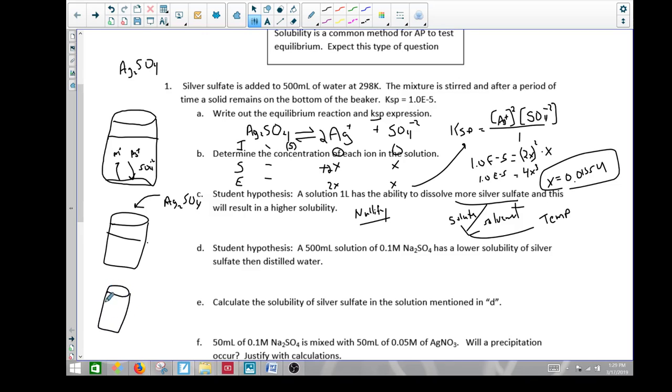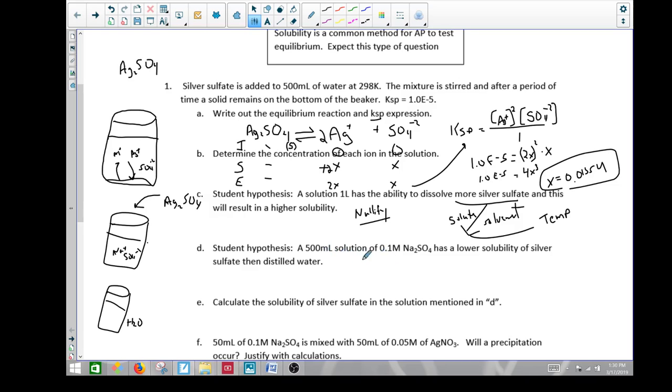The one on the right only has water, nothing else in there. This one has Na+ ions. It also has some sulfate ions. And it's saying that the solubility of this silver sulfate is lower.